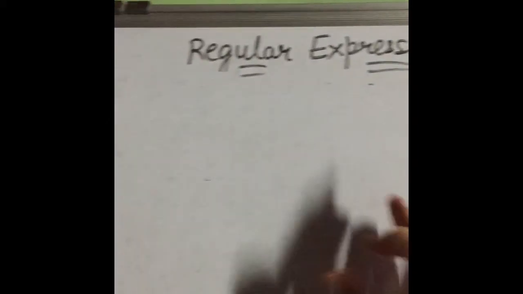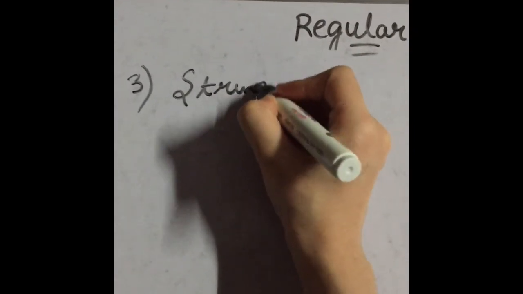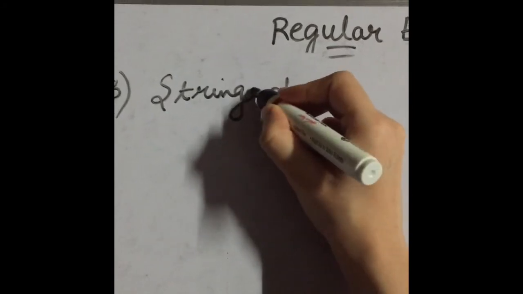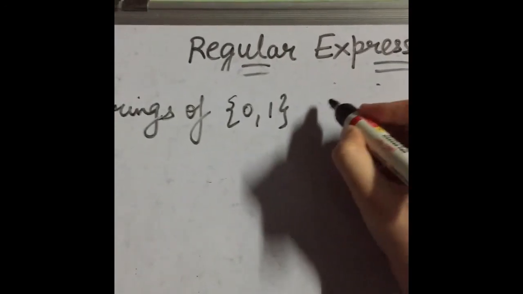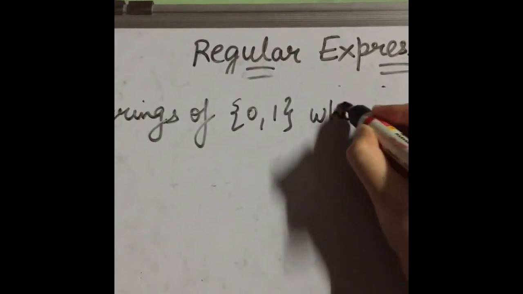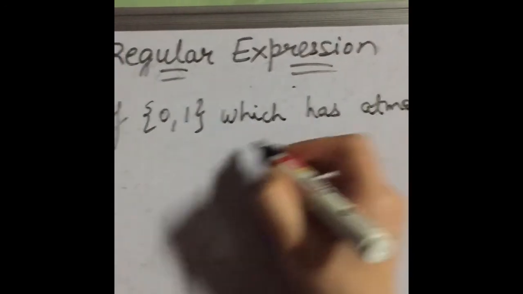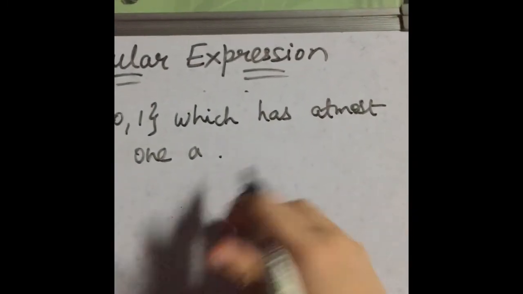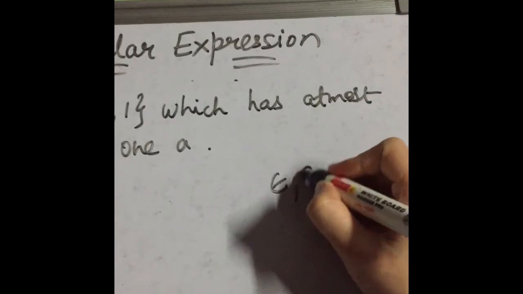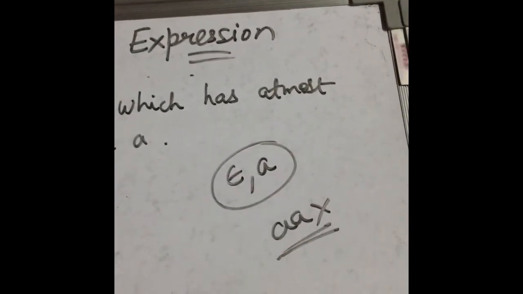Another one: if you want strings of a and b which have at most one a. You need at most one a, which means null or a single a, and not two a's.